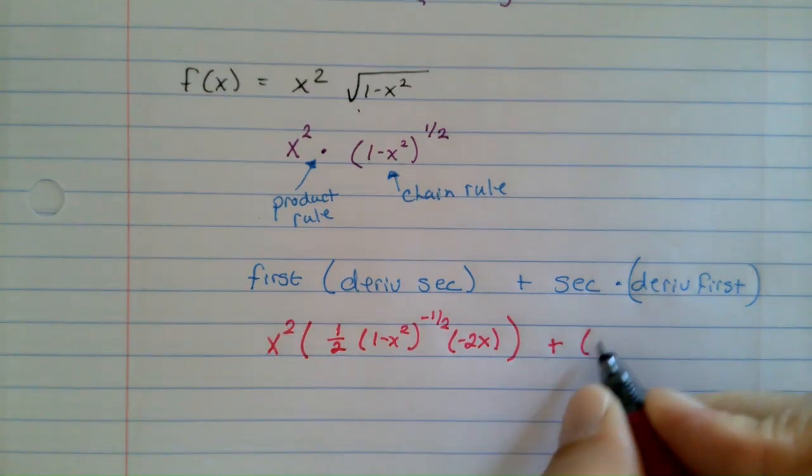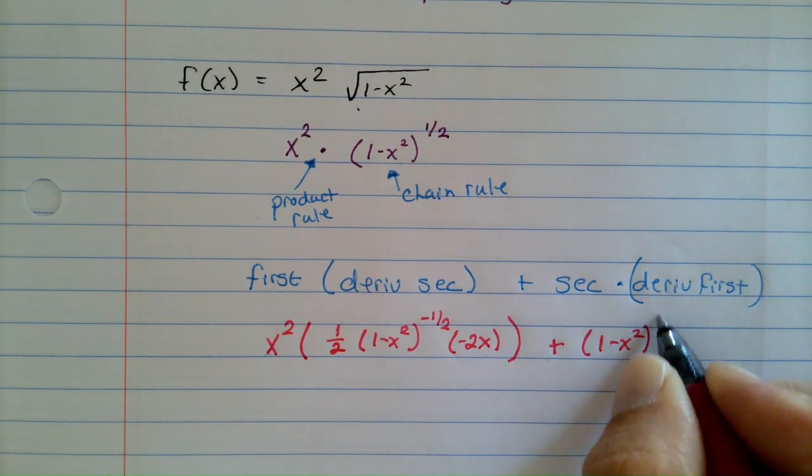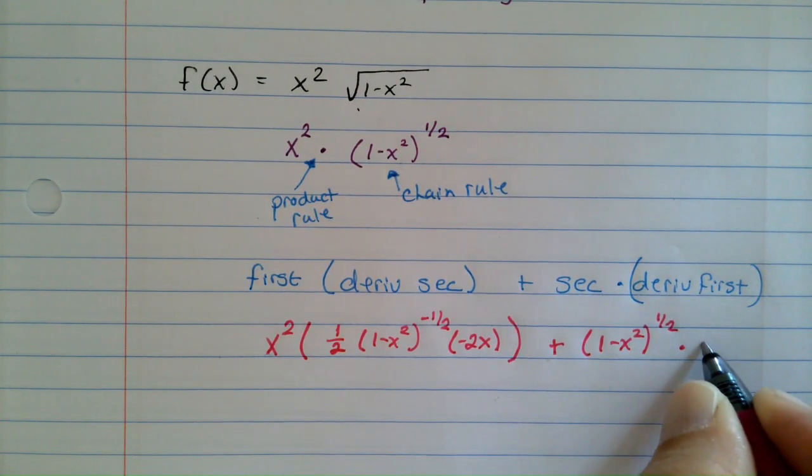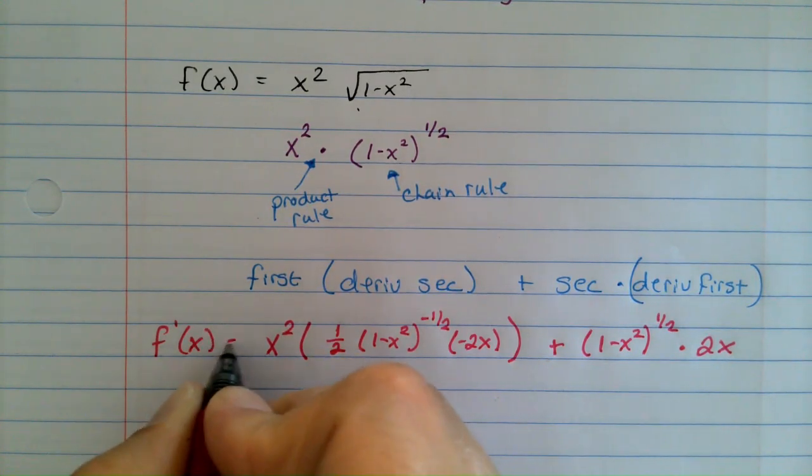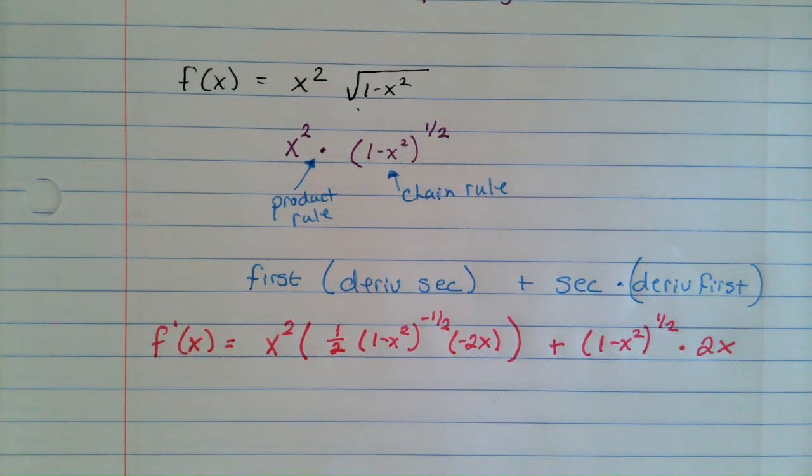Plus the second multiplied by the derivative of the first. And the good news is if you mess up the order, because it's a sum, you're okay. Product rule, you can mess up the order because products are commutative. Quotient rule, we cannot.